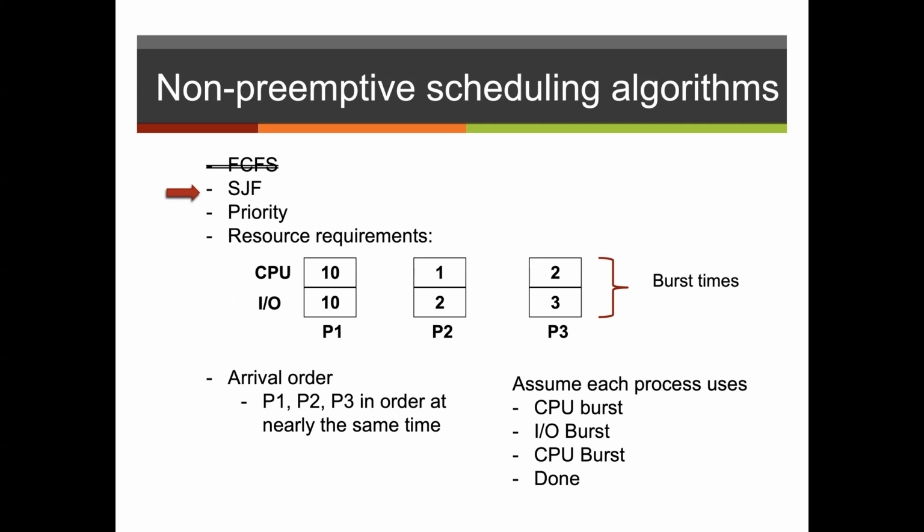And so we want to have a knowledge of the CPU burst time for each process. And once we know the activities and the times for the CPU and IO bursts, we can use the shortest job first scheduler to provide a mechanism in which we're going to execute the shortest CPU burst process first.